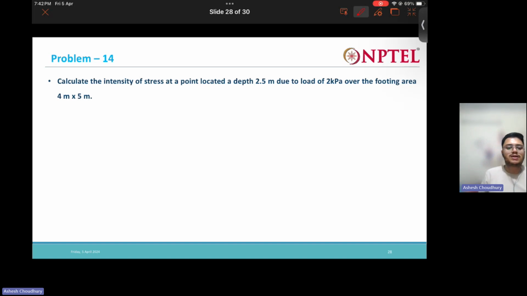So here we have to calculate the intensity of stress at a point located at a depth of 2.5 meters due to a load over a footing area of 4 meters. So we have a footing like this.